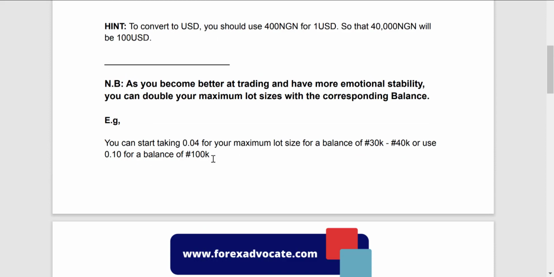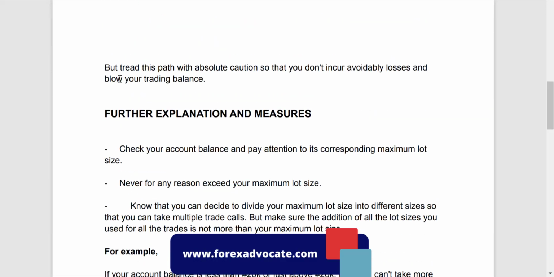I've explained this before, but tread this path with absolute caution so that you don't incur avoidable losses and blow your trading balance. People have a huge appetite for risk, and some risks are not calculated. If you have a big appetite for risk, why not?